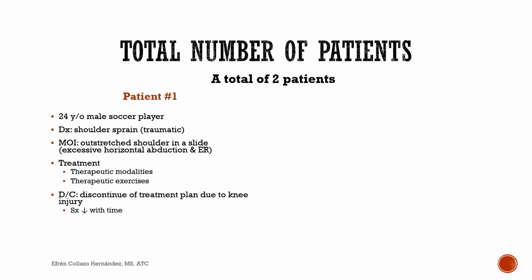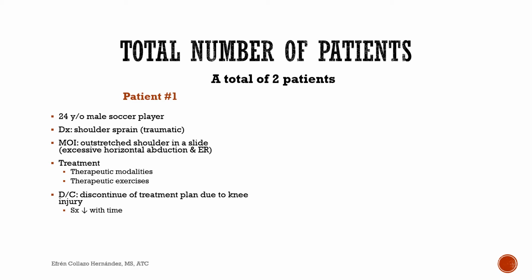So the treatment was basically the traditional ones: therapeutic modalities, ultrasound, hot pads, cold packs after the therapeutic exercises, and TENS and laser. And for the therapeutic exercises, they did all the exercises with dumbbells, stability exercises, proprioception.